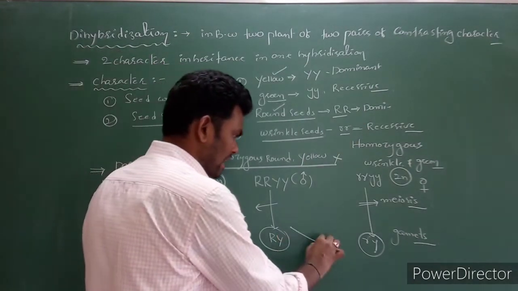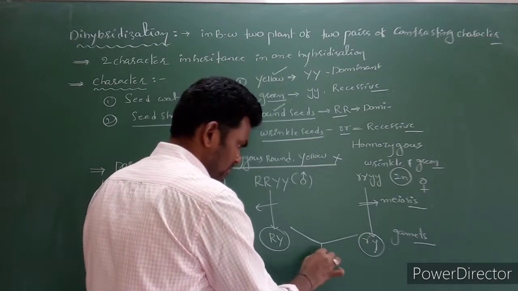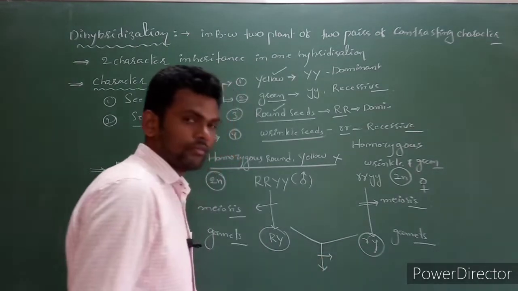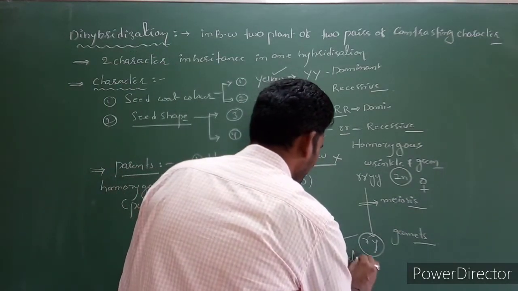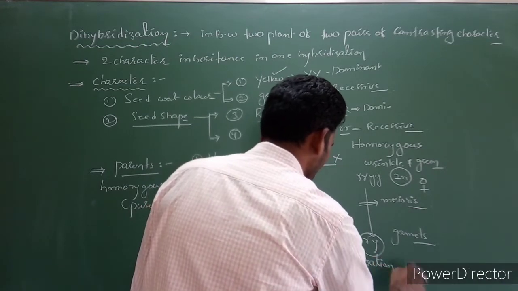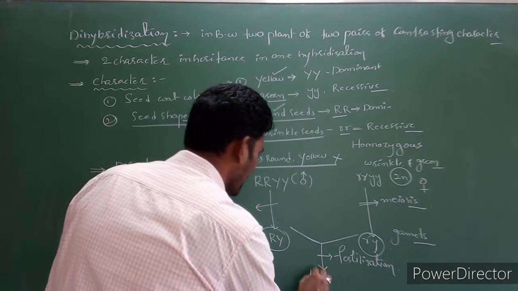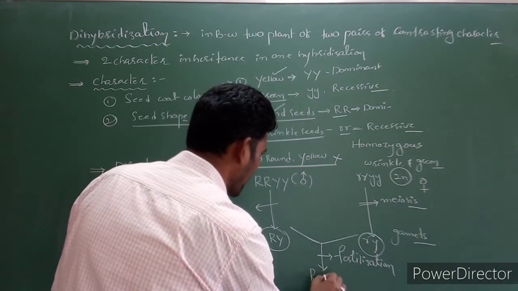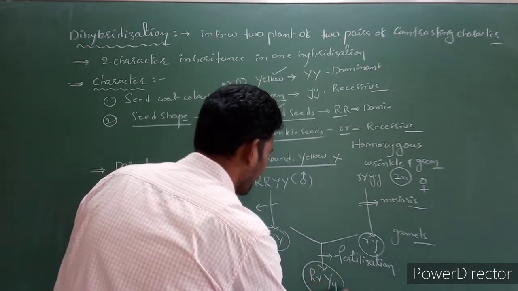Now these two gametes are fused, which is nothing but fertilization. After fertilization, a zygote is formed: capital R, small r, capital Y and small y.